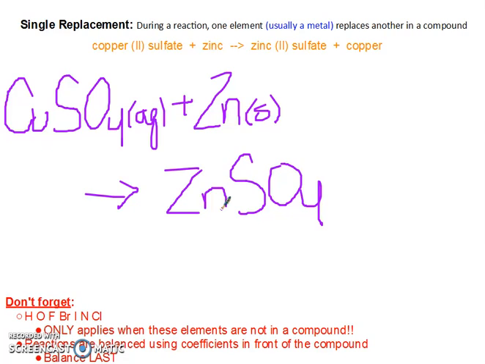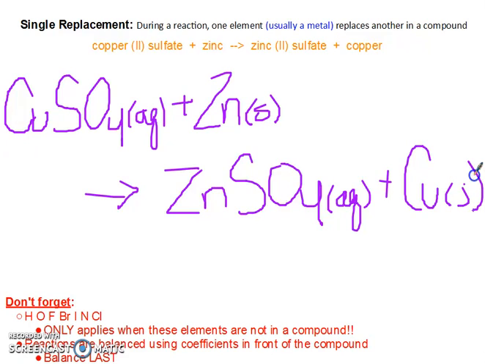We just need one of each. And you can actually include here, because we saw it, we know that happened, it was an aqueous solution. And we also ended up with solid copper. And that is the reaction. That's all there is to it. Basically, you're just going to be trading the metals.